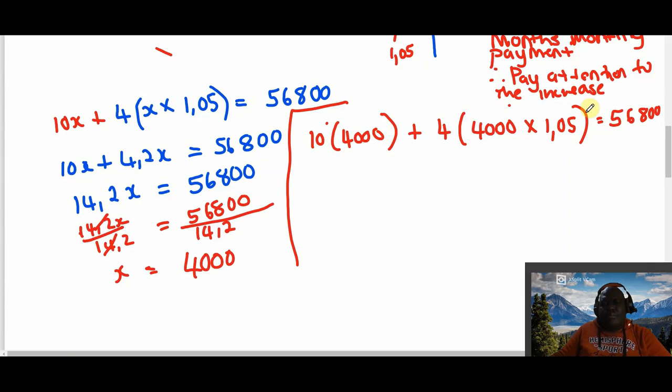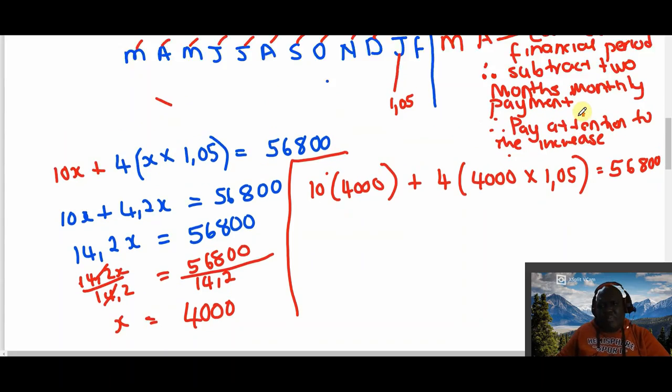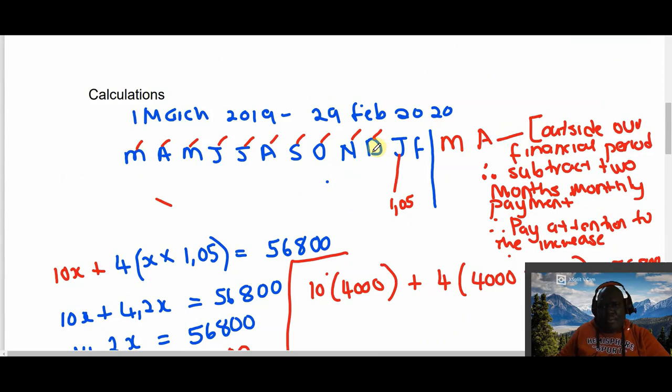So now we know that rent increased by 5%, right? So we just want to get how much they started paying from January, February, March, April. How much were they paying every month from January to April?